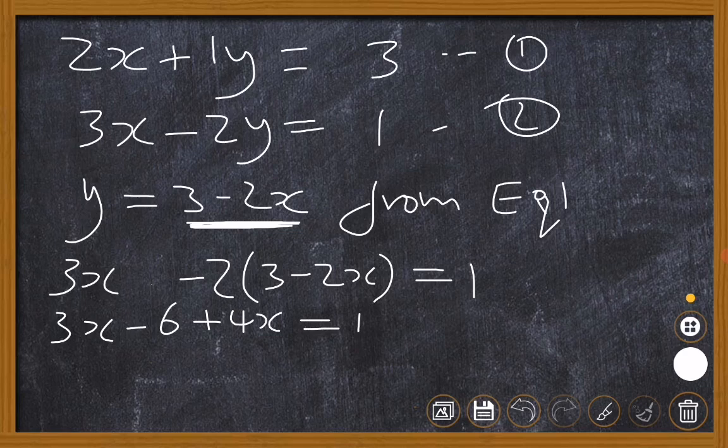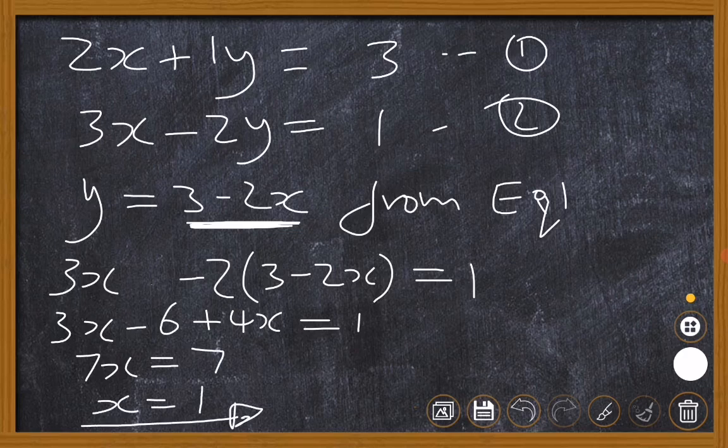You can see this is a linear equation, so we add all the like terms. You've got 7x, and we take this 6 and put it on the other side of the equal sign, so 7x equals 7. Then x is equal to 1.